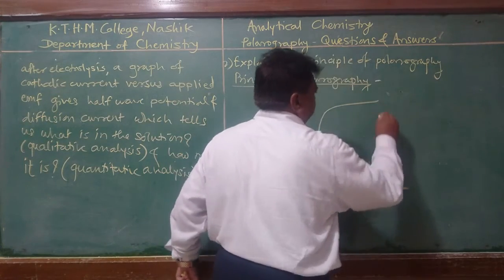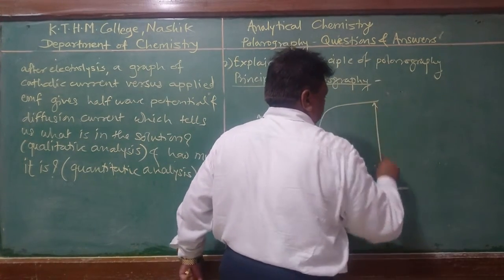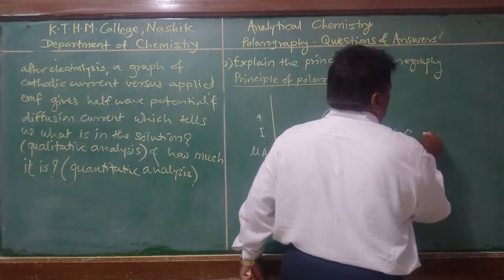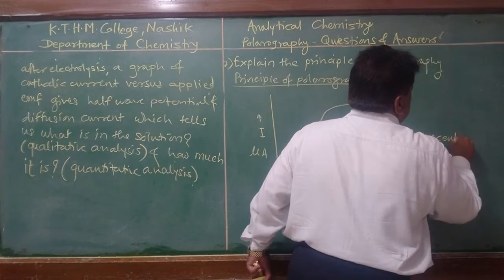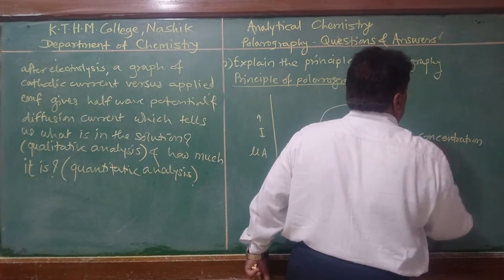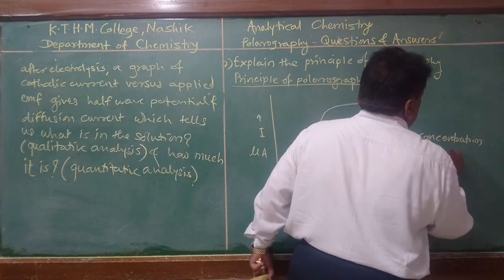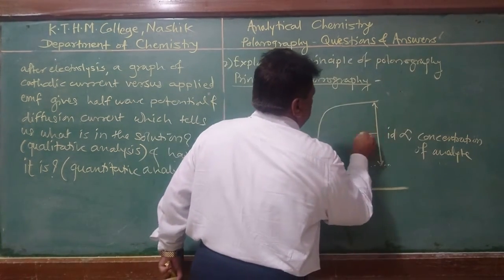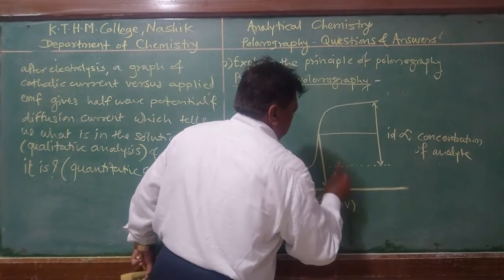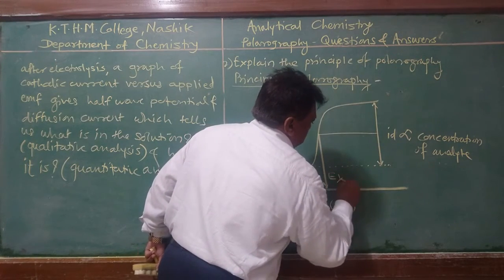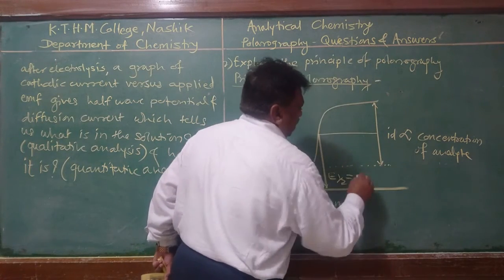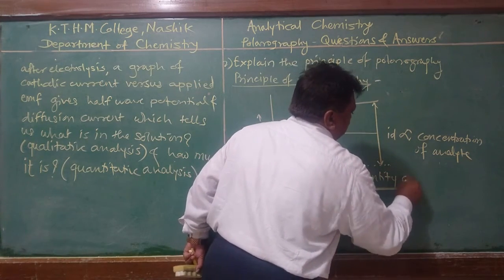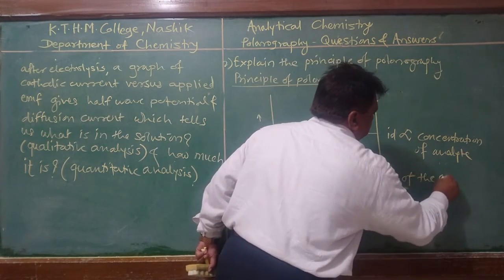The diffusion current Id is directly proportional to the concentration of the analyte, and the half wave potential, at half of the diffusion current, is the identity of the analyte.